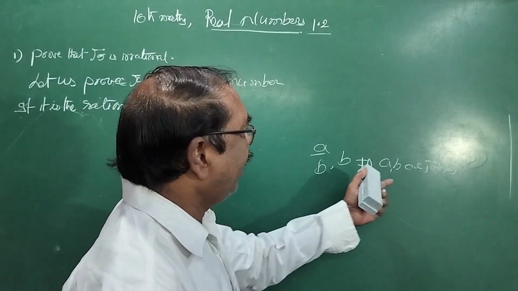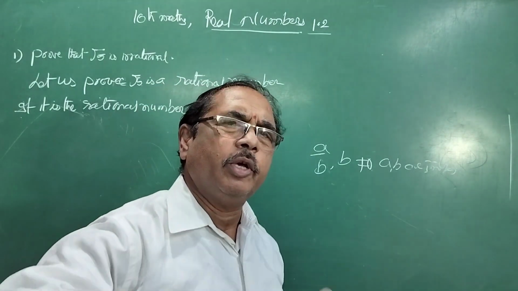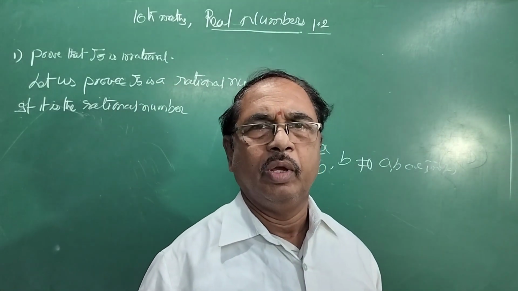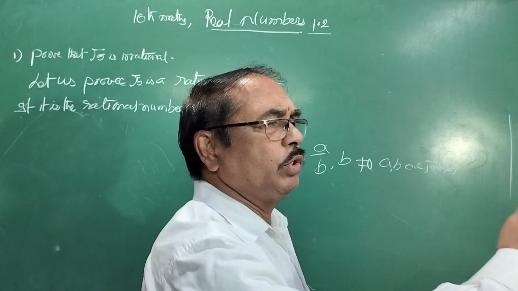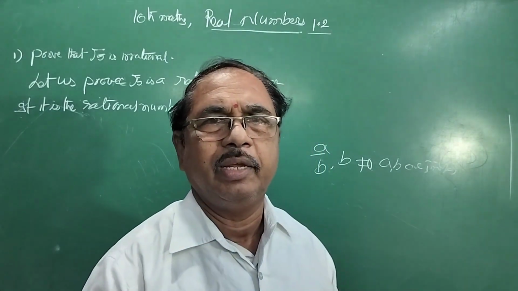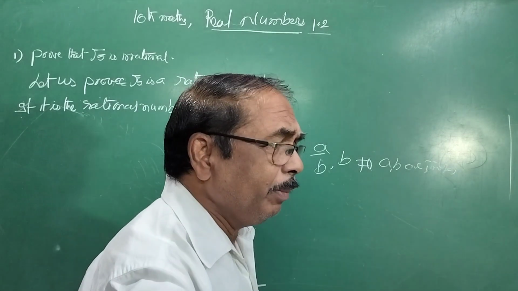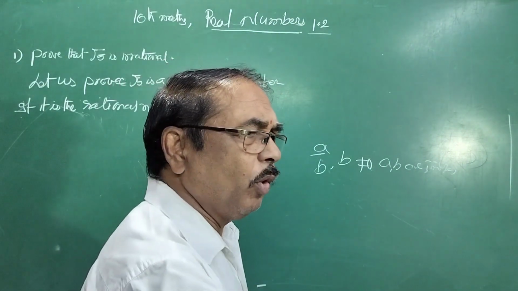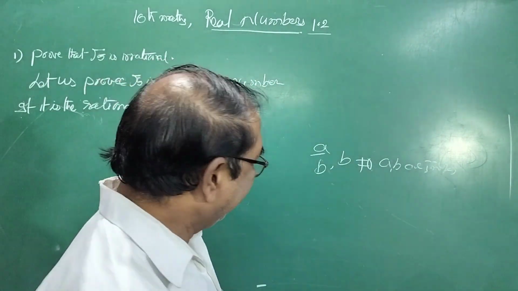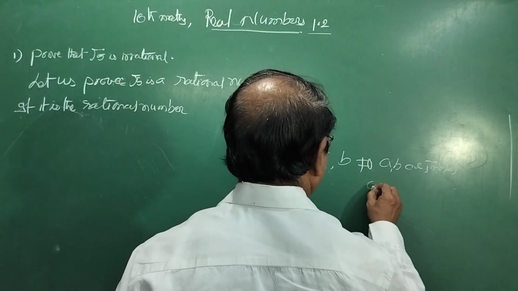Next, a and b are integers: positive numbers and negative numbers, 1, 2, 3, 4, 5, minus 1, minus 2, minus 3, and so on. Those are the integers, isn't it? a and b belong to the integers, whether positive or negative. Next, co-primes.